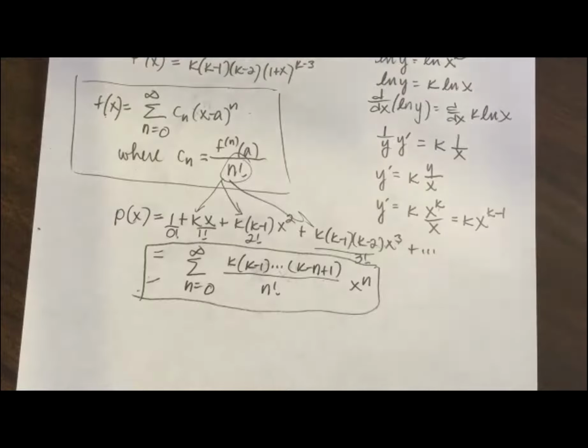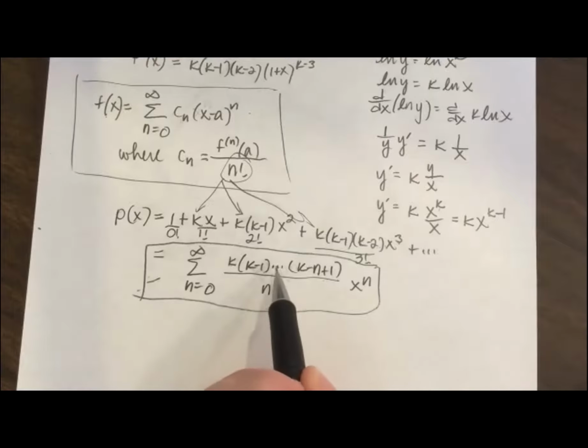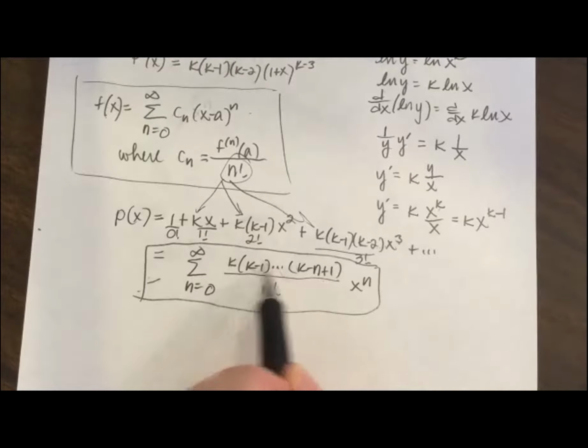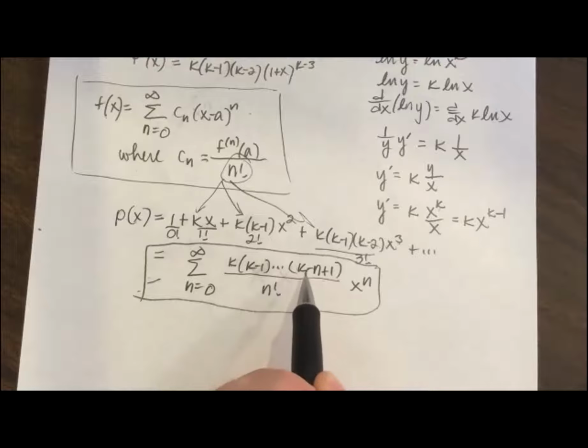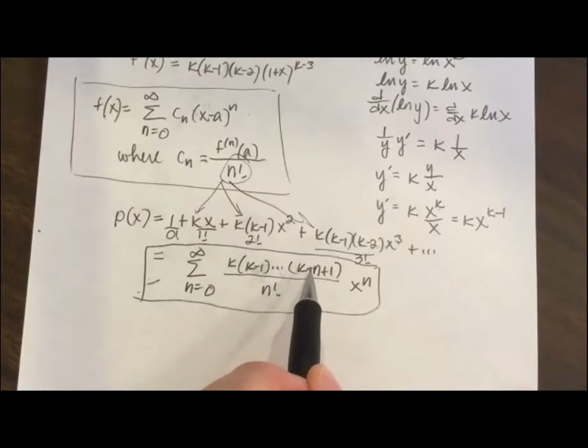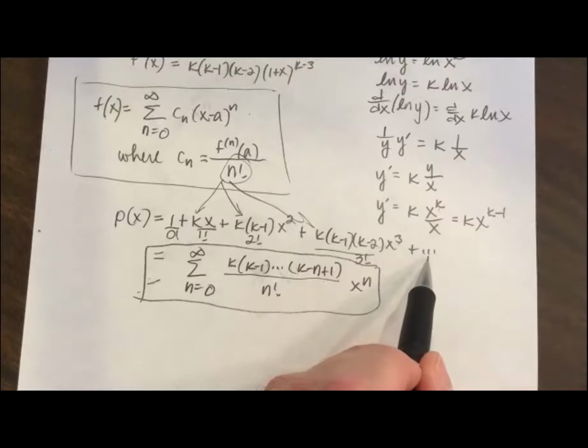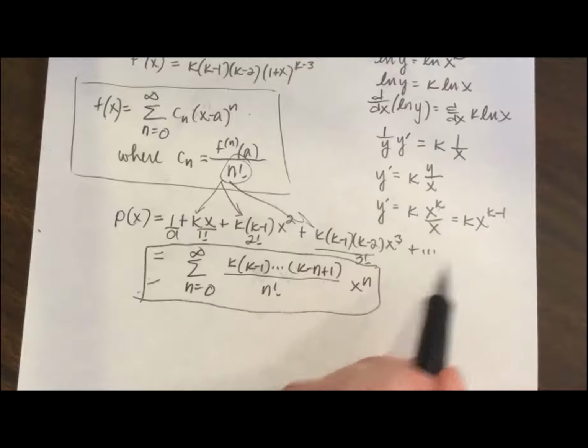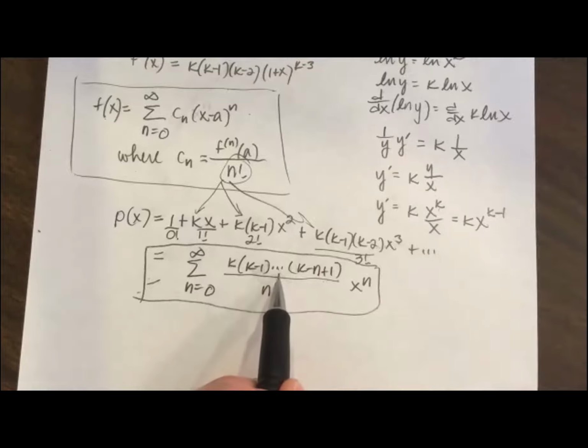And now I still need a dot, dot, dot inside of my sum. But there's a little bit of a difference, because here this dot, dot, dot says continue the pattern, but don't continue it forever. This is still a finite product. There's only a finite number of terms here. So it's a big difference between this dot, dot, dot, meaning go on forever, and this dot, dot, dot, meaning follow the pattern.